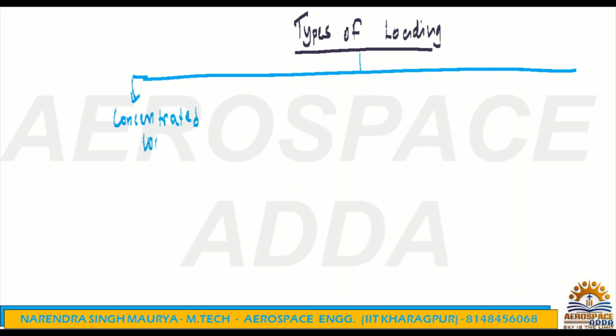Concentrated load. Second one is uniformly distributed load, called UDL. Okay.